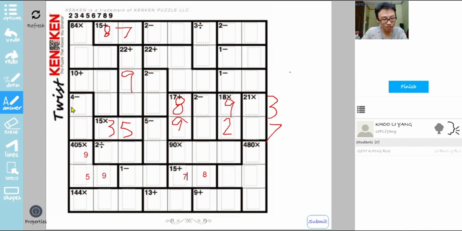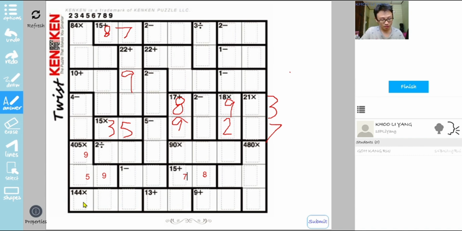Okay, now you are going to focus on this box, 144 times box. Since 9 already exists in this column and this column, at most we can only use 8. 144 cannot divide by 7, and if we put 6 as the biggest number followed by 5 and 4, the add up is 120.